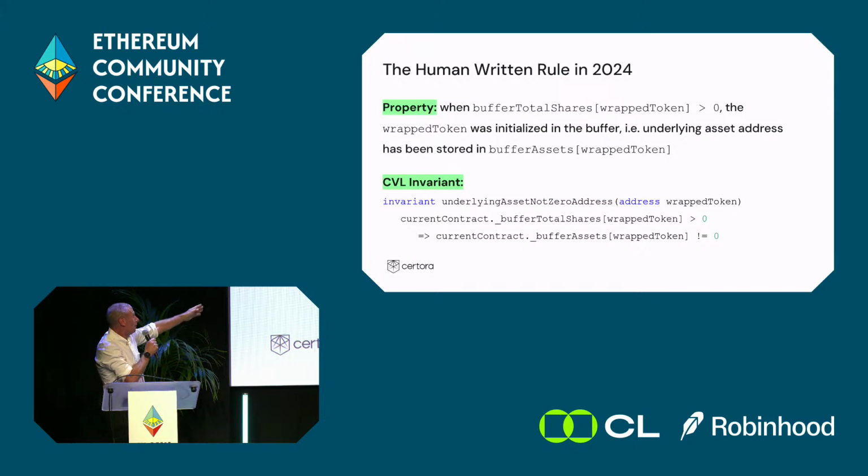Here we say that if you have total shares, then you have assets. This natural property is violated in a very rare situation, and the prover automatically finds this violation. But the human had to write this property. Somebody in our team has to write it.